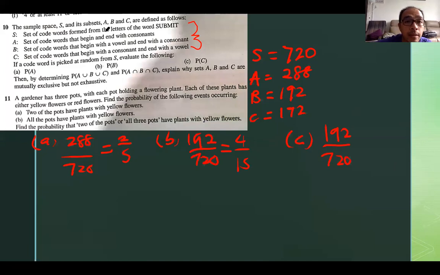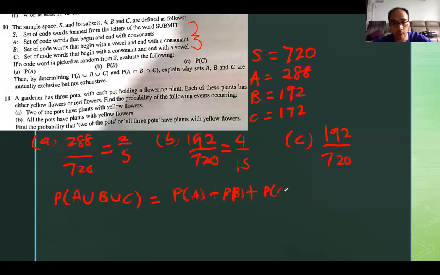Okay, let's take a look at this now. Let's find the probability of A or B or C. If we follow our old understanding, it should be the probability of A plus the probability of B plus the probability of C. But the question that we need to ask is whether there is an overlap in between all this.